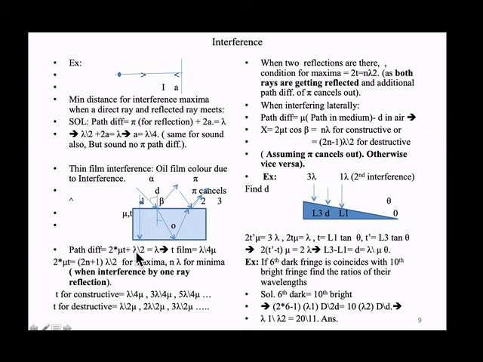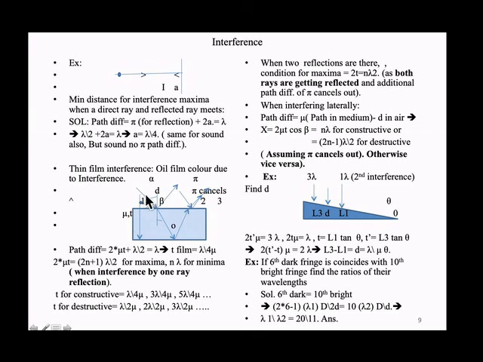Pi means lambda by 2. If this distance is equal to lambda, then I have an interference on the top of the film. So what should the thickness be? Lambda by 4 mu. If that is the thickness of the oil film, I can see bright colors, different colors, constructive interference.